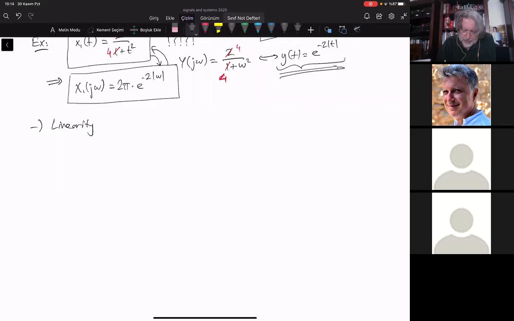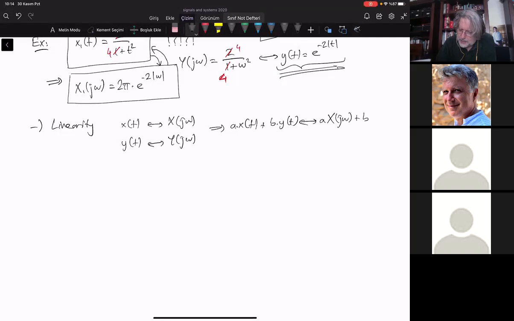And that linearity property is telling me that if x of t has the Fourier transform of X of j omega and y of t has the Fourier transform of Y of j omega, then a times x of t plus b times y of t will have a Fourier transform of a times capital X of j omega plus b times capital Y of j omega.